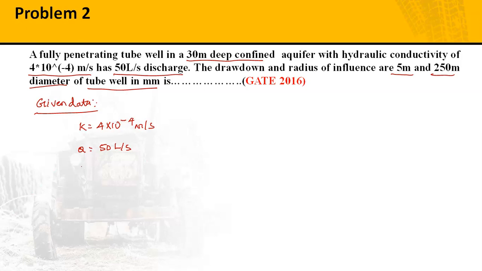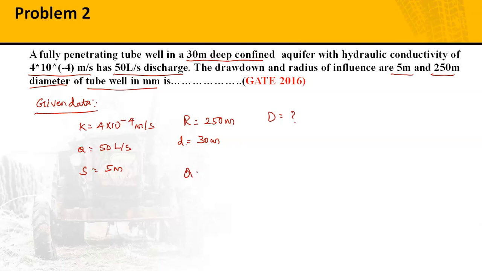And the drawdown S is equal to 5 meter and radius of influence R is equal to 250 meter, and they have given the thickness b as 30 meter. So we want to find the diameter of the tube well. So write down the formula.